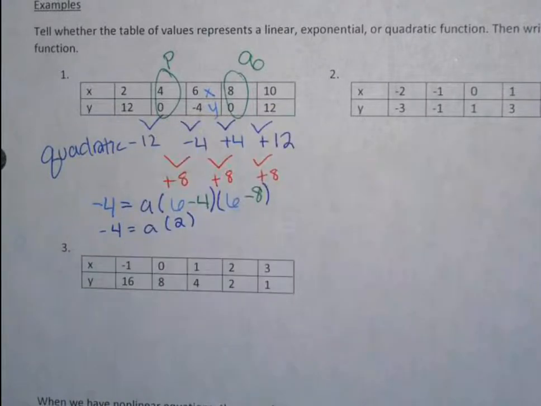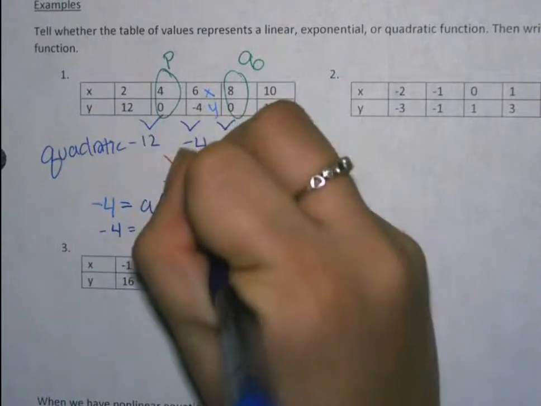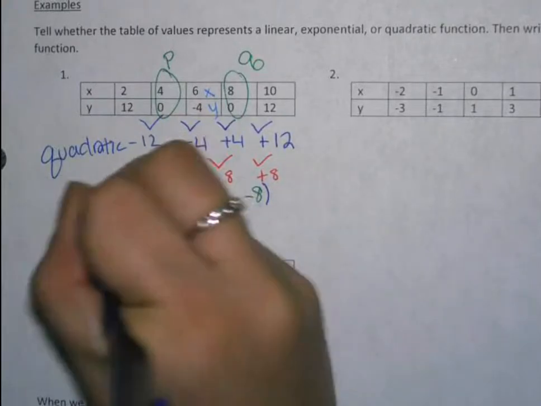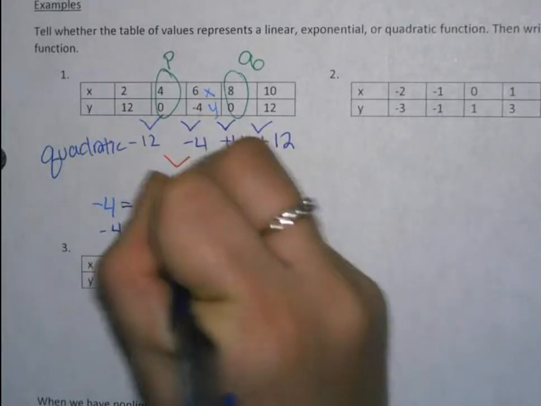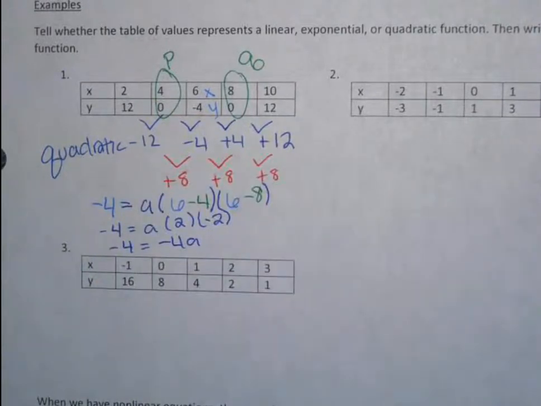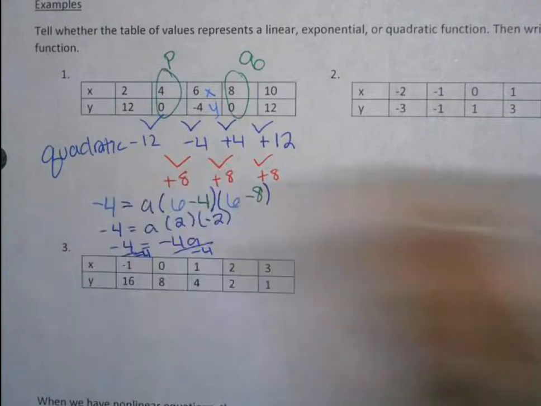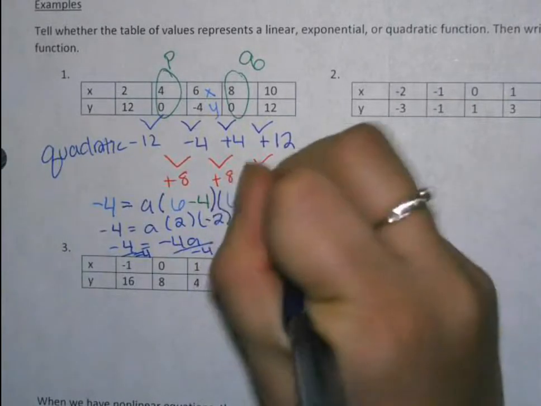And 6 minus 8? Negative 2. What is 2 times negative 2? Negative 4. So I have negative 4 equals negative 4a. So to get my a by itself, I'm going to divide by negative 4 on both sides. And then I get a equals 1.